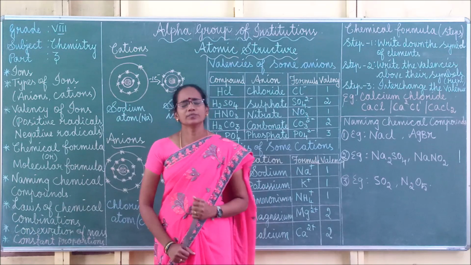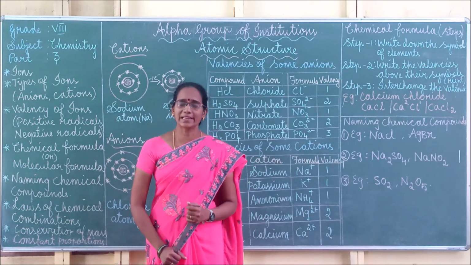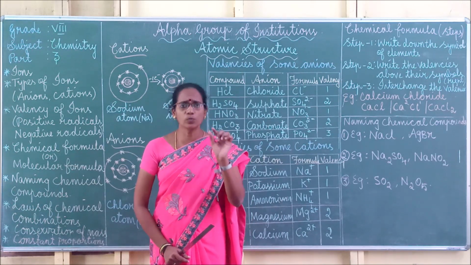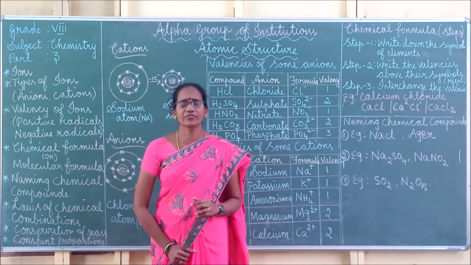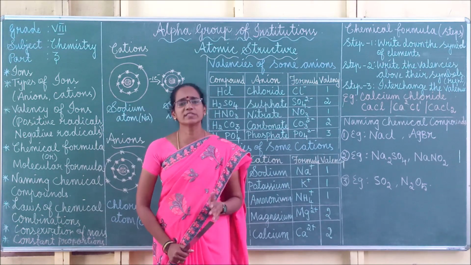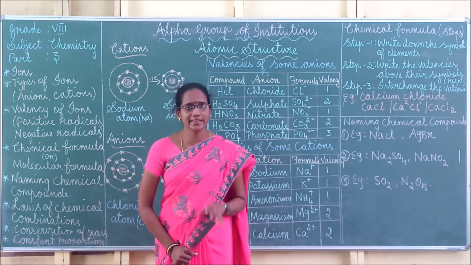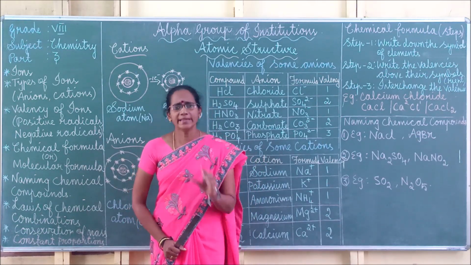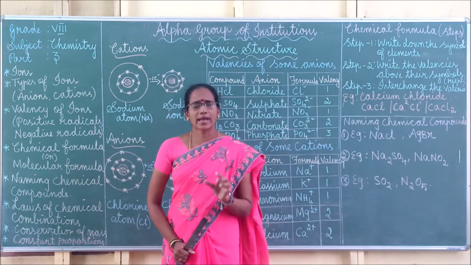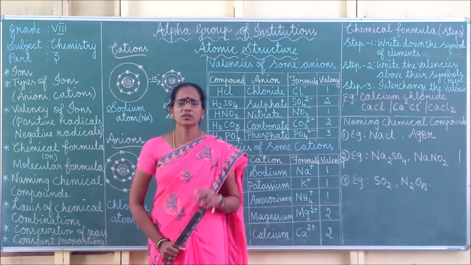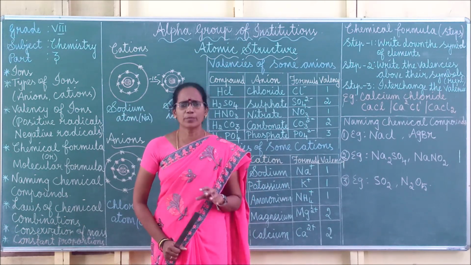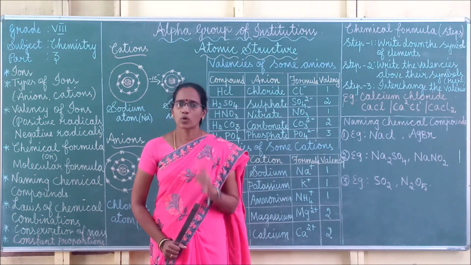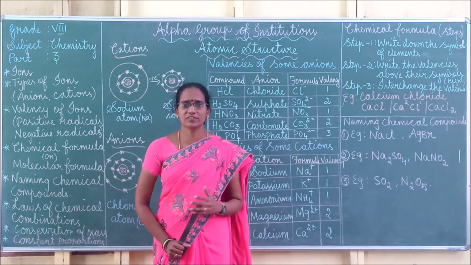When an atom attains a stable electronic configuration, either by losing electrons or by gaining electrons, right? When an atom gains an electron, it has more electrons, so it carries a negative charge. Why? Because electrons are negatively charged particles.